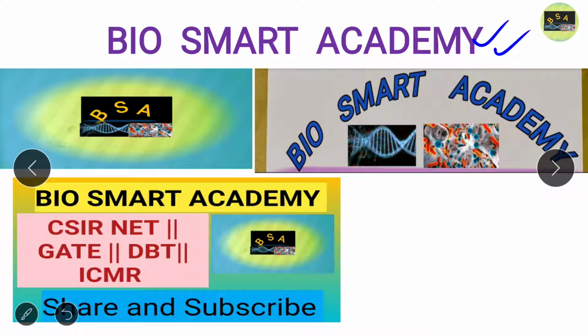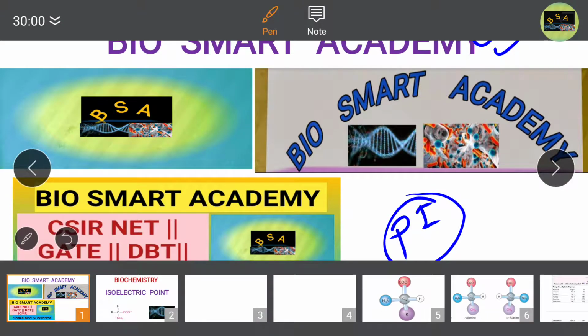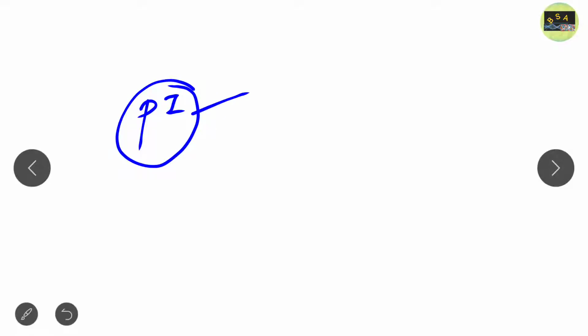In today's lecture, we will continue our lecture series on isoelectric point. First of all, I want to say that we already completed two lectures on isoelectric point. In our first lecture, we saw the basics of isoelectric point.